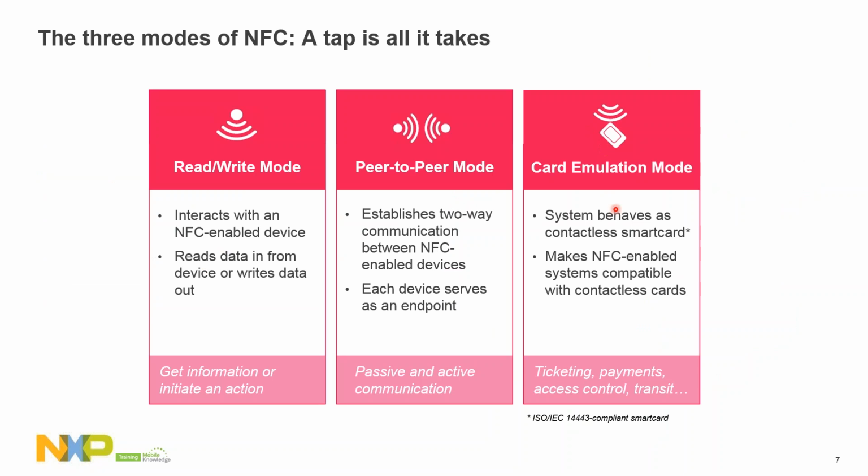The traditional contactless reader is able to read the emulated card in the same way as it was reading a traditional plastic contactless card or paper ticket. In read and write mode, our NFC device behaves as a contactless reader, and it can read and write into tags or contactless cards. In fact, read and write mode and card emulation mode are modes of operation exactly as in the contactless scenario.